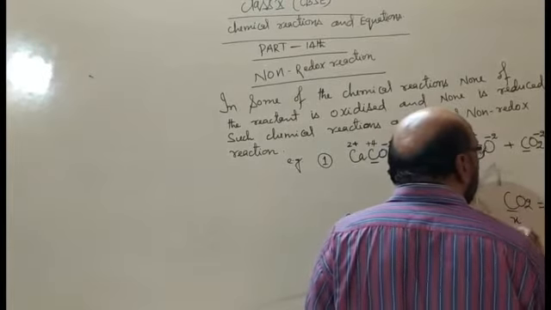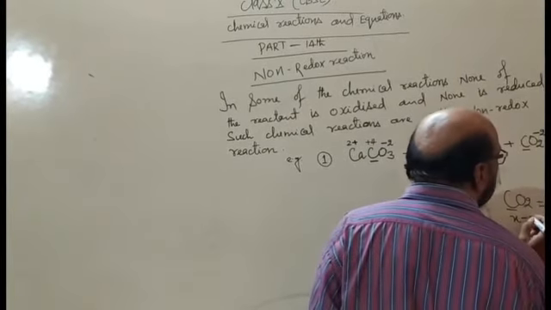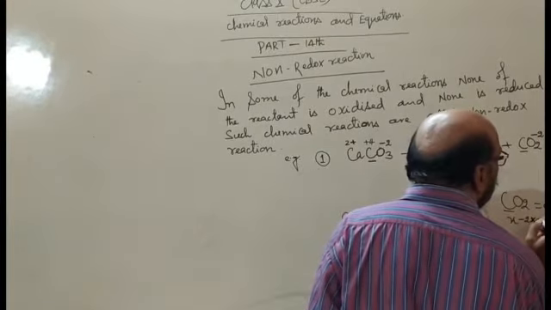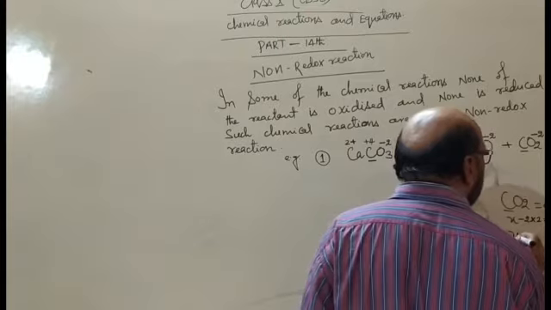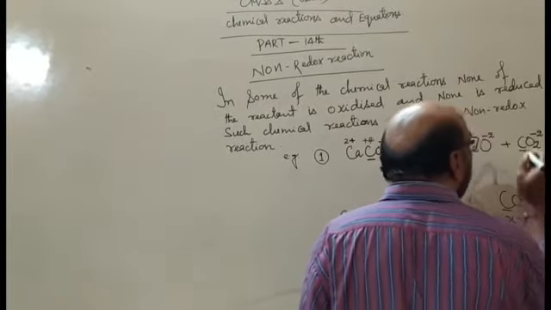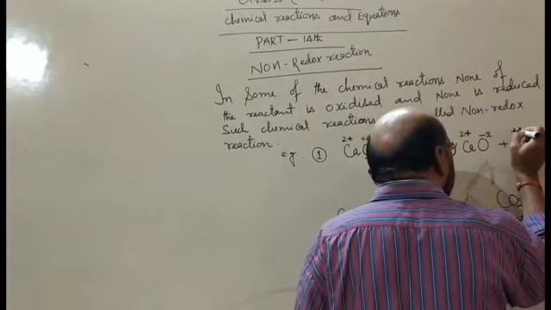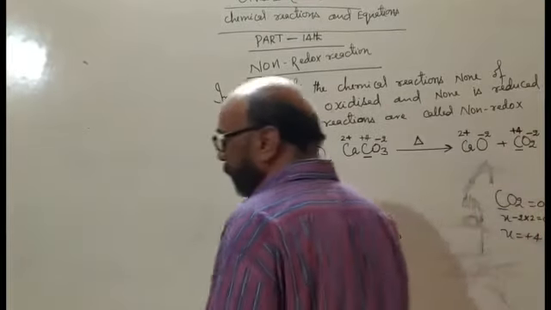Let the oxidation state of carbon be x. And oxygen, -2 into 2, plus x is equal to 0. Therefore, x is equal to +4. Here, in carbon dioxide, the oxidation state of carbon is +4.